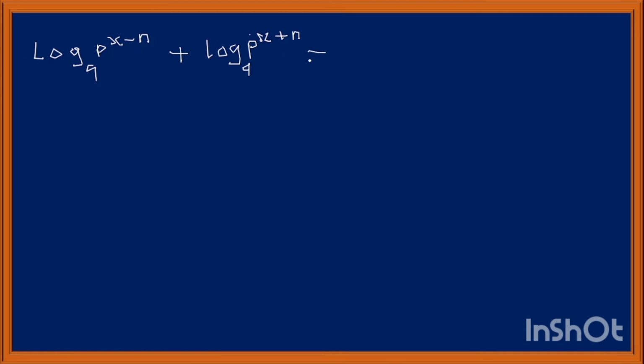So we want to show that this is equal to the log of p multiplied by x plus y. This is y. So let's show that the left hand side is equal to the right hand side. So we are going to work with the left hand side.